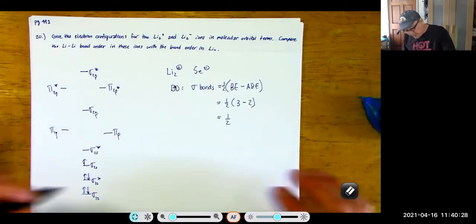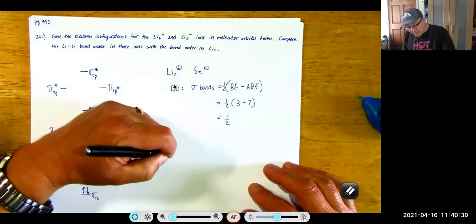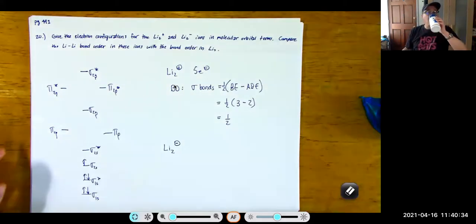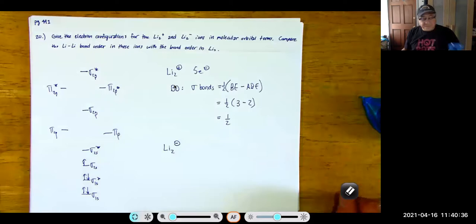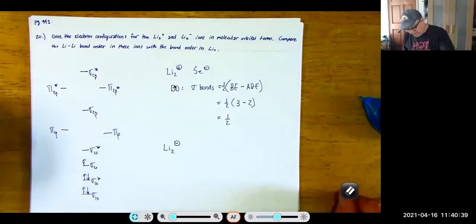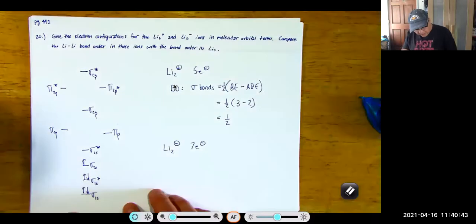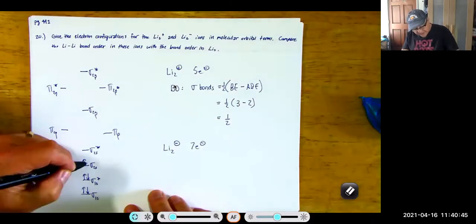So let's look at lithium -1. How many electrons here? 7. So now let's put the rest here. We've got 1, 2, 3, 4, 5, 6, 7.